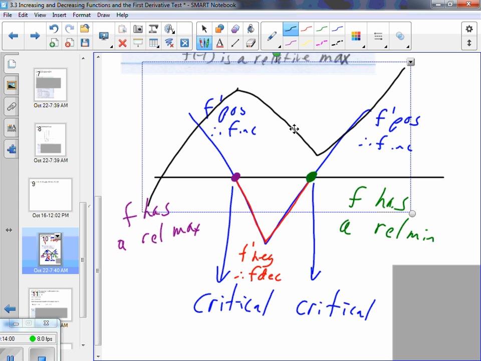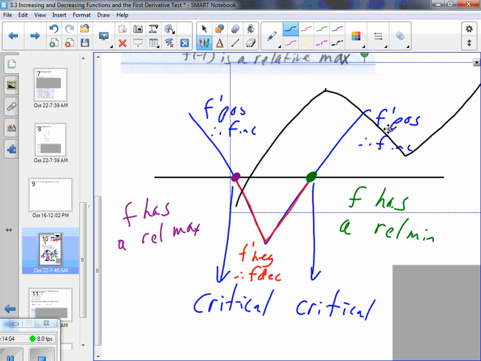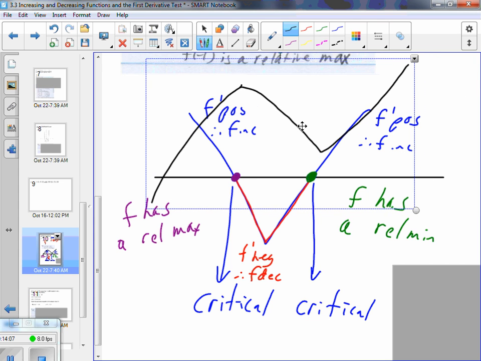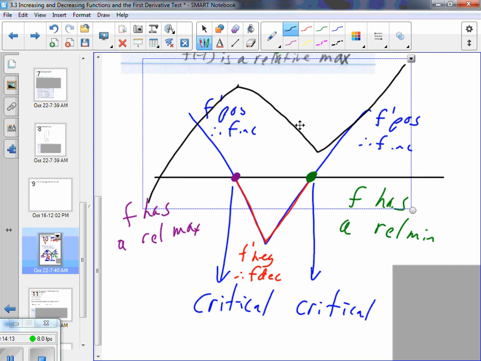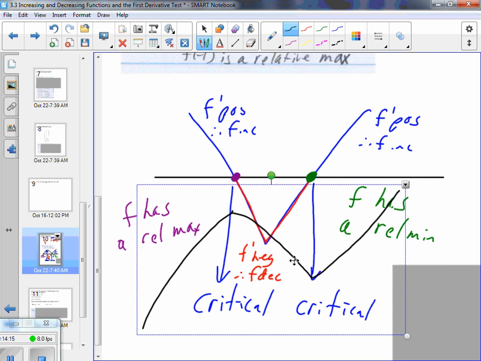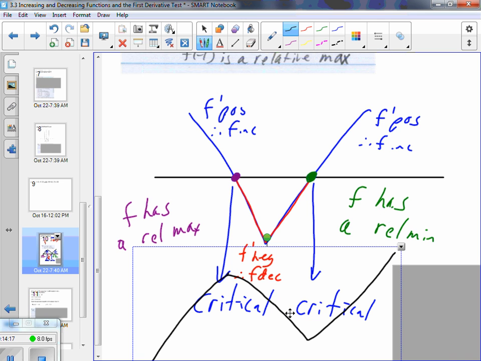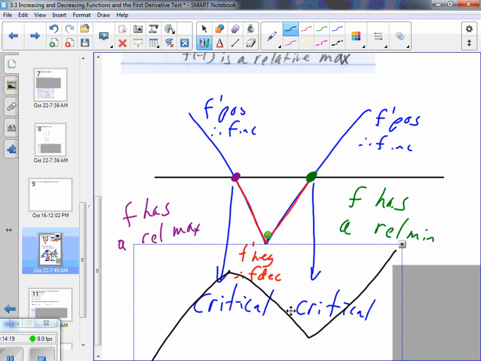Okay? Now look, I can't do this. You looking? I can't shift it over like that, can I? I can shift it up or down. I can make it wider. I can make it narrower. Because I don't know. They didn't give me enough information to know any better than that. But I do know that it's going up, then it's going down, then it's going back up. I know that for a fact.